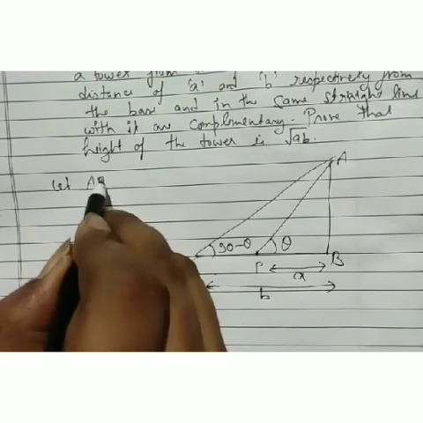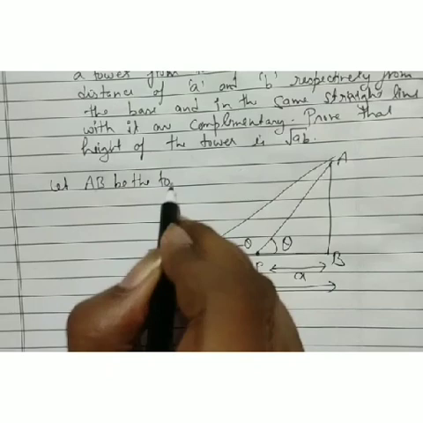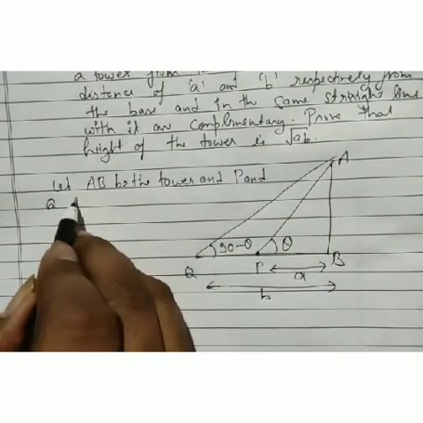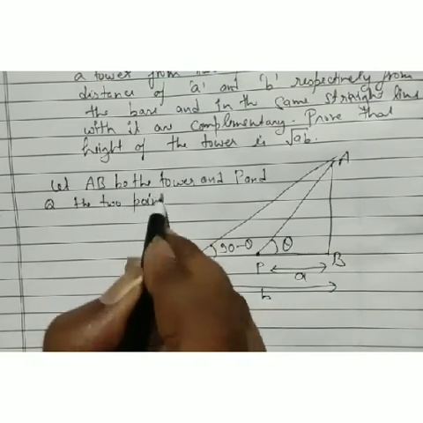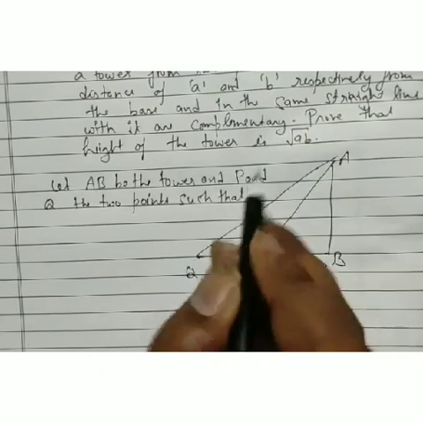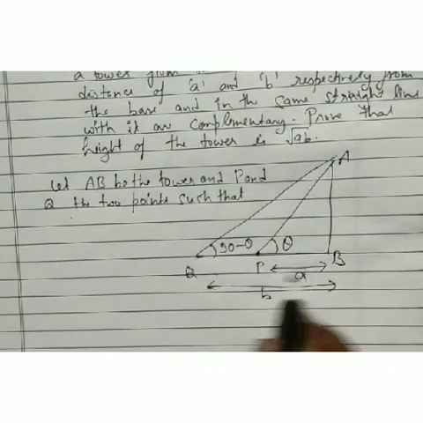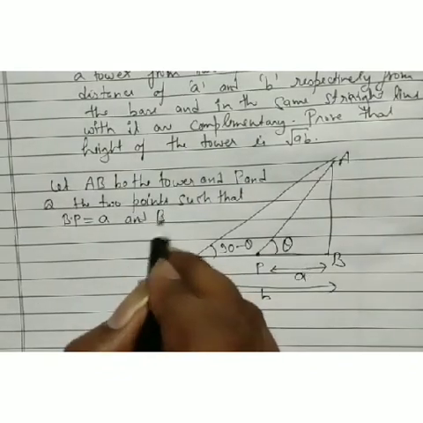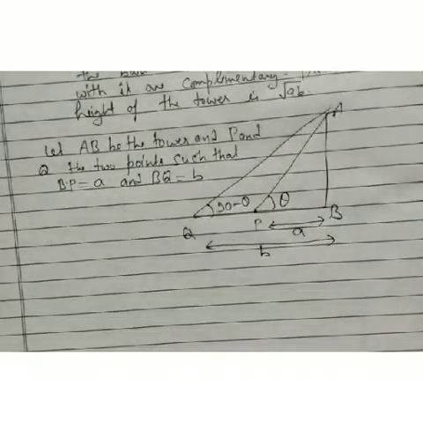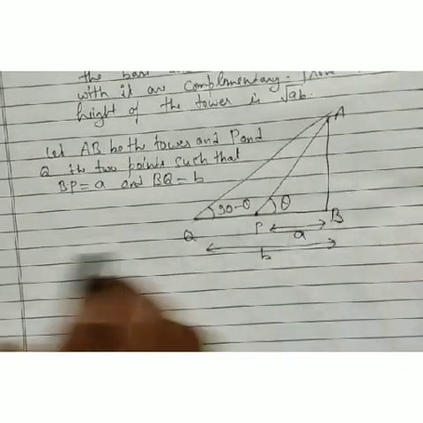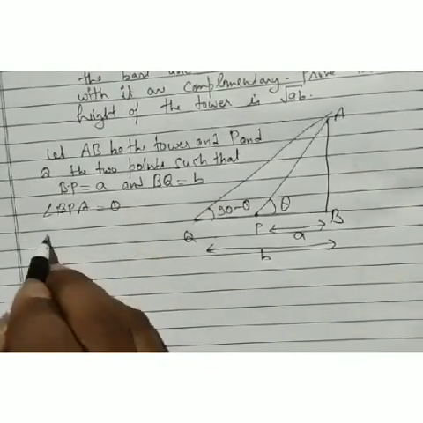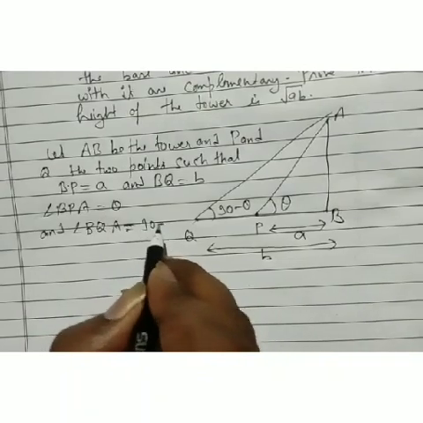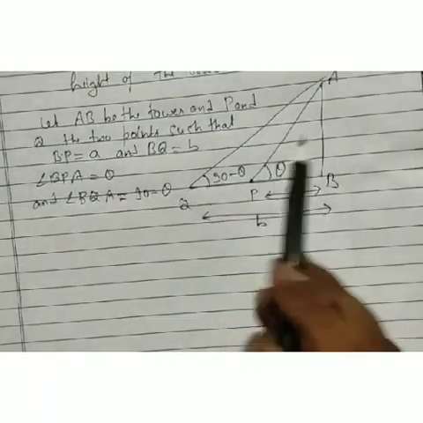Let AB be the tower and P and Q the two points such that BP is equal to A and BQ is equal to B. Also we can write angle BPA is equal to theta and angle BQA is equal to 90 minus theta.